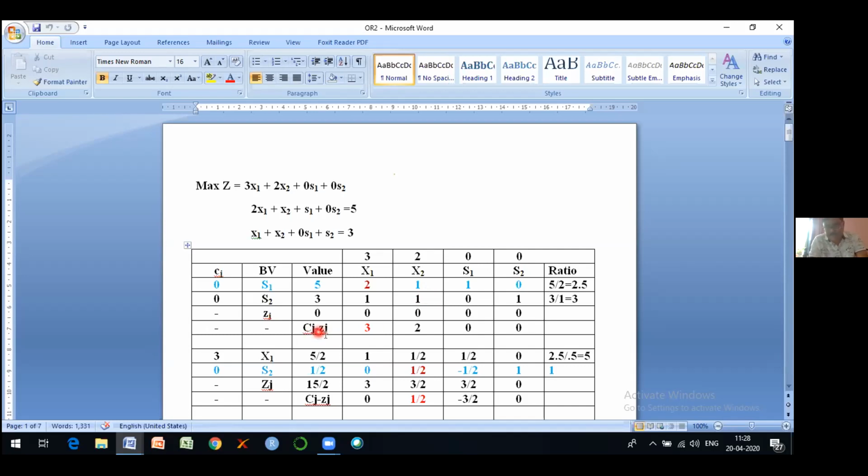If all the Cj minus Zj values are 0 or negative numbers, then we have finished the problem. We have already solved the problem. Again I am repeating this rule: if all these values are either 0 or negative, then the problem is finished. We cannot go to the second table.